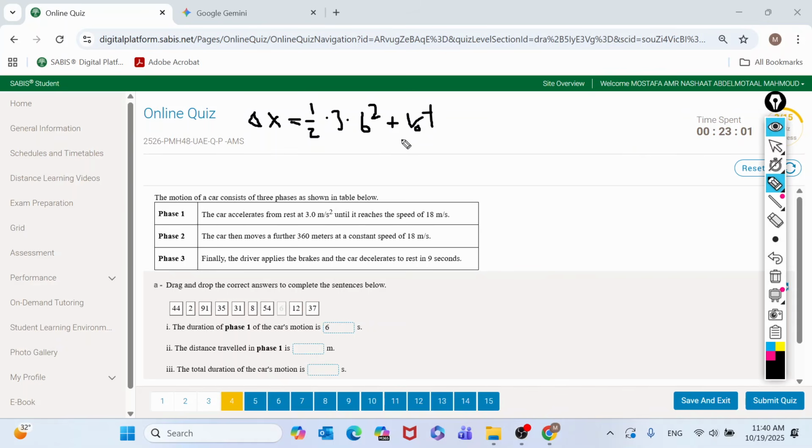V0 is 0 because it starts from rest, so that's good. Let me just do it on the calculator. 1 over 2 times 3 times 6 squared is 54.